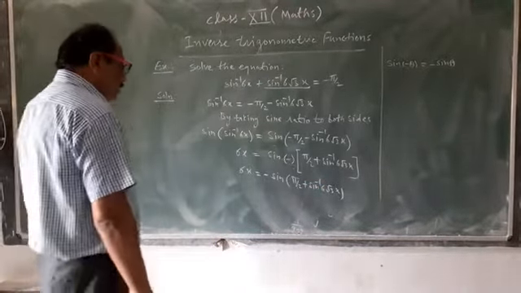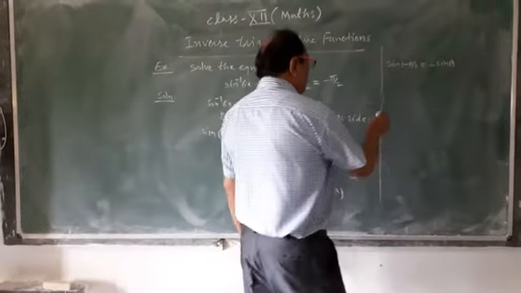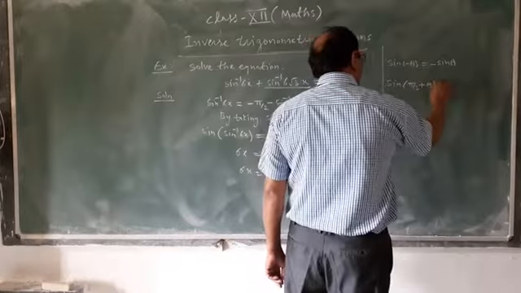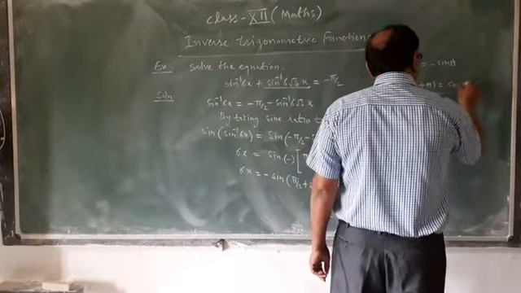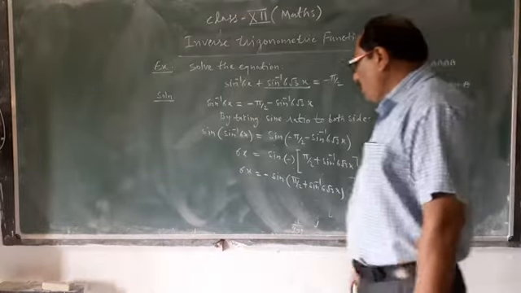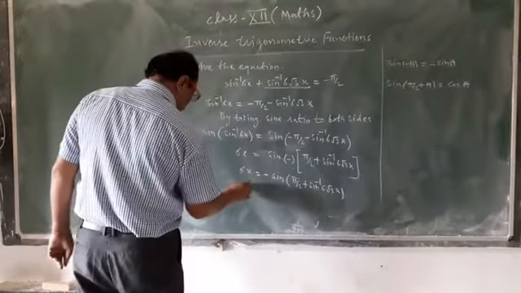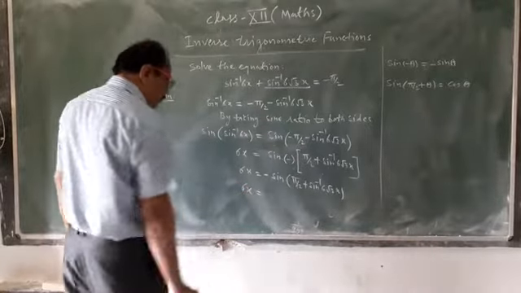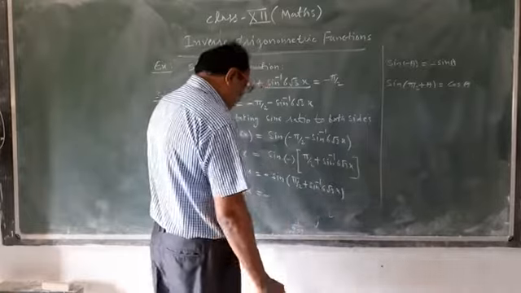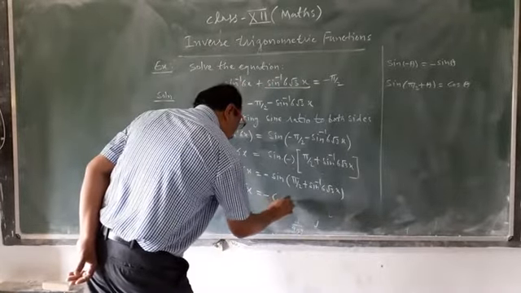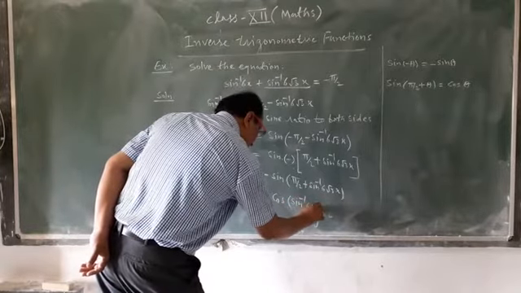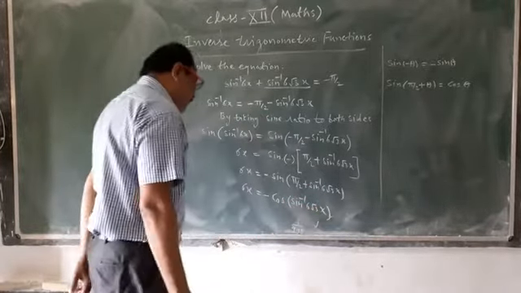This is sin of pi by 2 plus theta. Sin of pi by 2 plus theta is equal to cos theta. So 6x is equal to minus sin of pi by 2 plus theta, it is cos theta, that is cos of theta, where theta means sin inverse of 6 root 3x.